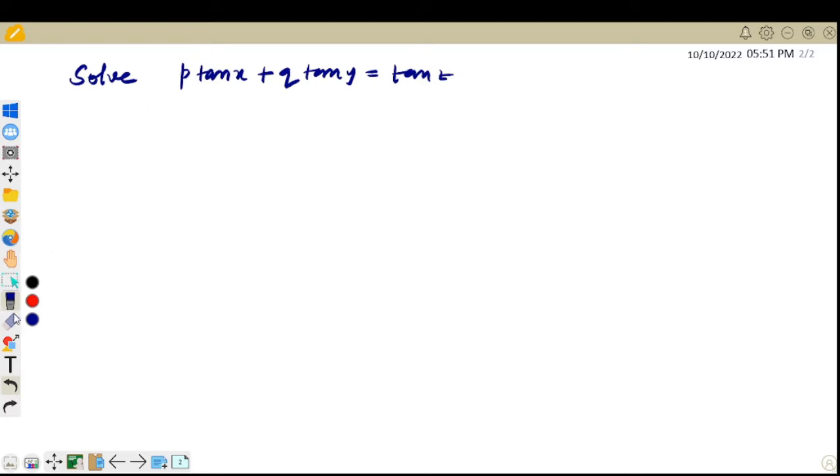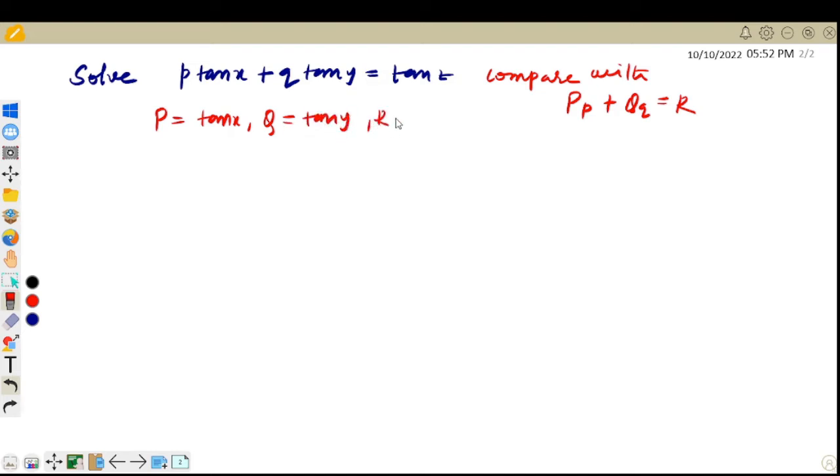So you compare this equation with capital P into small p plus capital Q into small q is equal to capital R. Then capital P becomes tan x, capital Q becomes tan y, and the capital R becomes tan z.